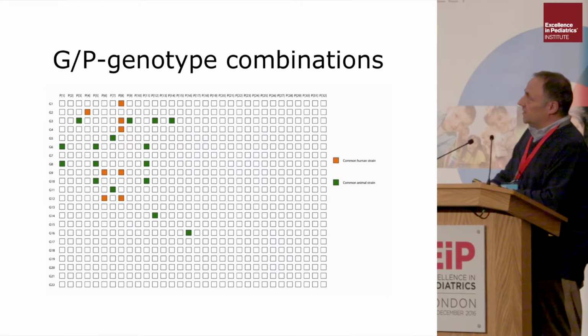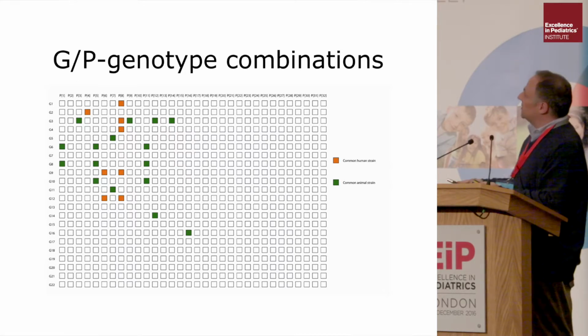When we look at the different combinations of G's and P's, this table only shows you G until 22 and P until 32. In orange, you have the common human strains, that is G1P8, G2P4, that's an exception, G3P8, G4P8, G9P8, and now also G12P8. In green, you have very common animal strains.